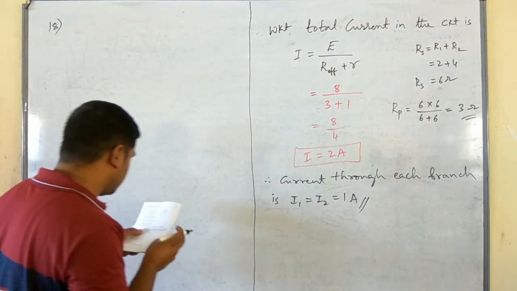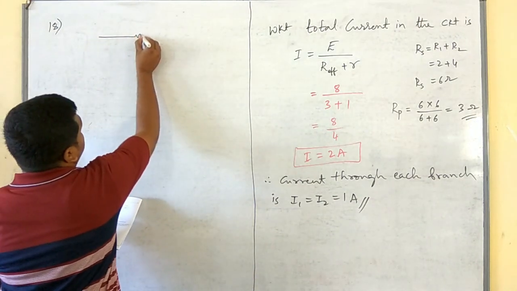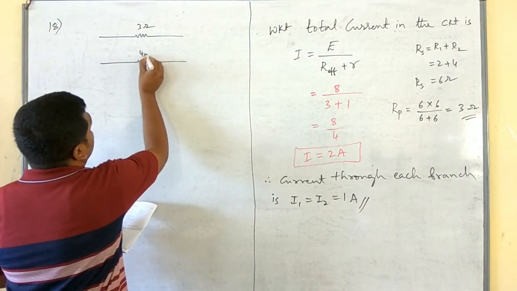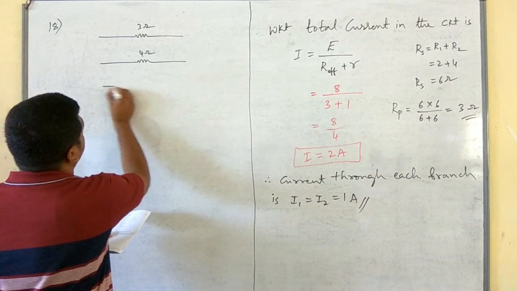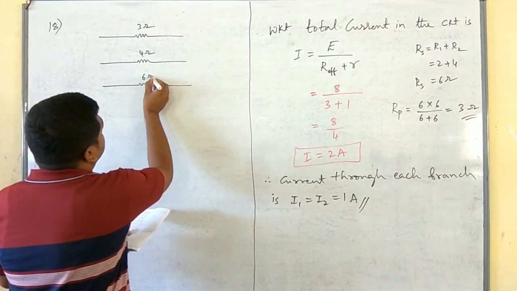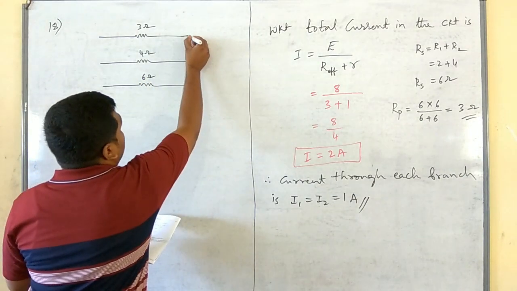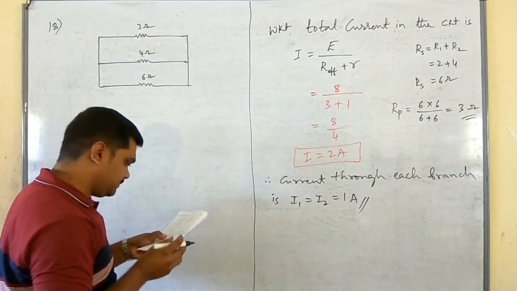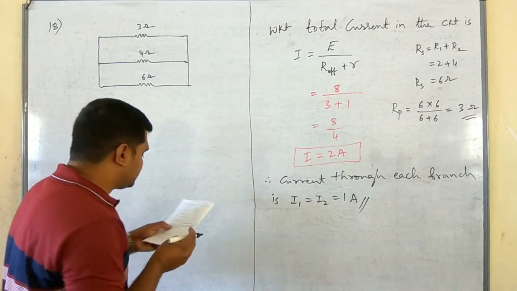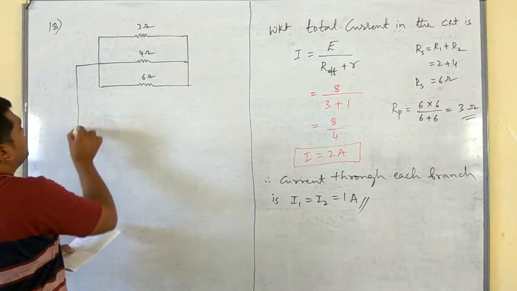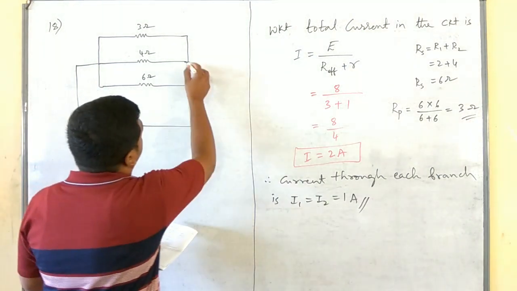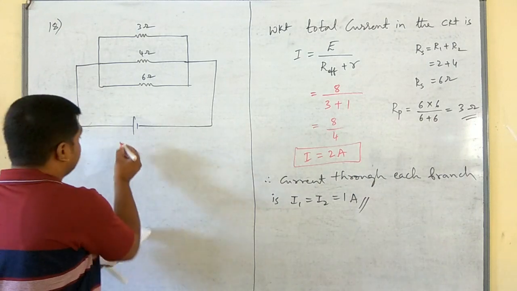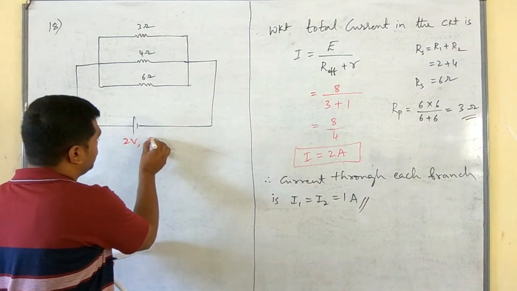Very simple question. 3 resistors are given, 3 ohm, 4 ohm and 6 ohm. They are connected in parallel like this. They are connected to a cell of EMF 2 volt and internal resistance 2 by 3 ohm.